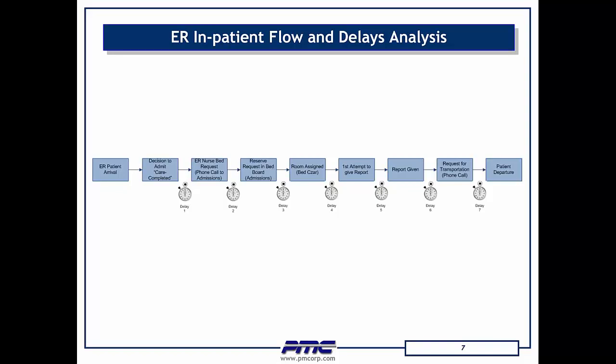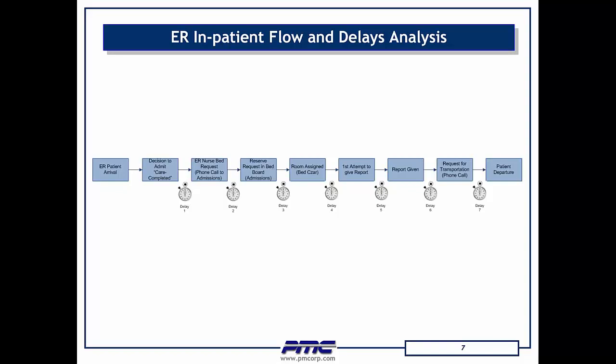That's one big delay there. Once the decision has been made, there's some delay because a nurse has to come, make a call to admissions, and get the paperwork done.